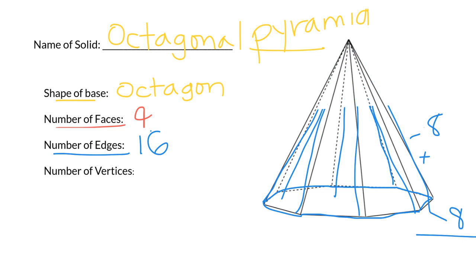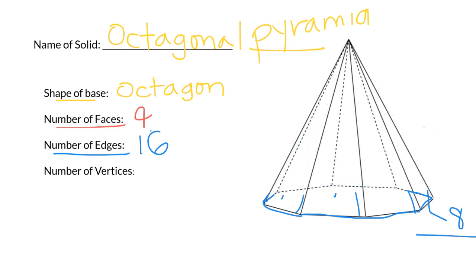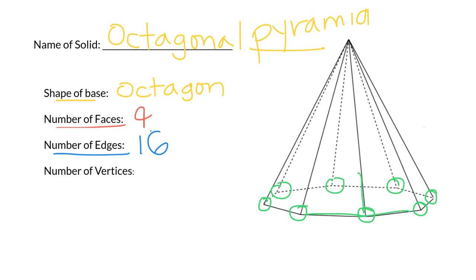Okay, lastly, we're going to count the number of vertices. I'm going to start with our base shape here, which I know is an octagon, meaning that we have 1, 2, 3, 4, 5, 6, 7, and 8 vertices, meaning where 3 or more edges meet.